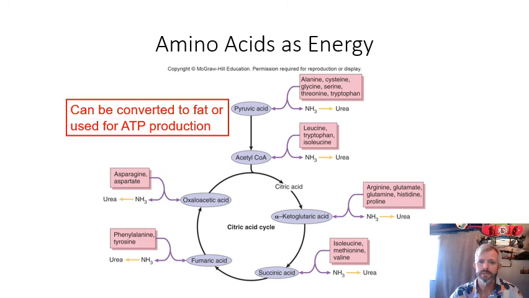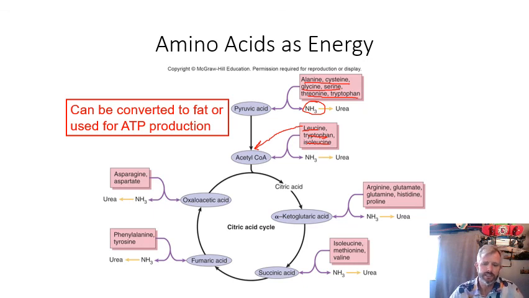Okay, you can see if I strip some of my amino acids of my amine group, I can make them into, say, pyruvic acid. Lysine and tryptophan, if I strip the amino acids, I can ultimately make them into acetyl-CoA. And so you can see how, if I can convert these to acetyl-CoA, I can ultimately use these to make ATP.